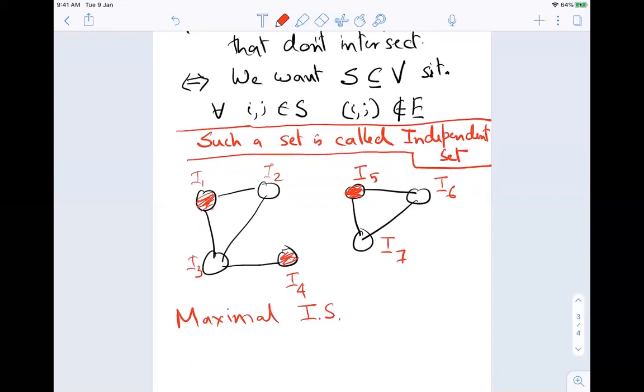And what you wanted to find in problem 4.1 is a maximum independent set.